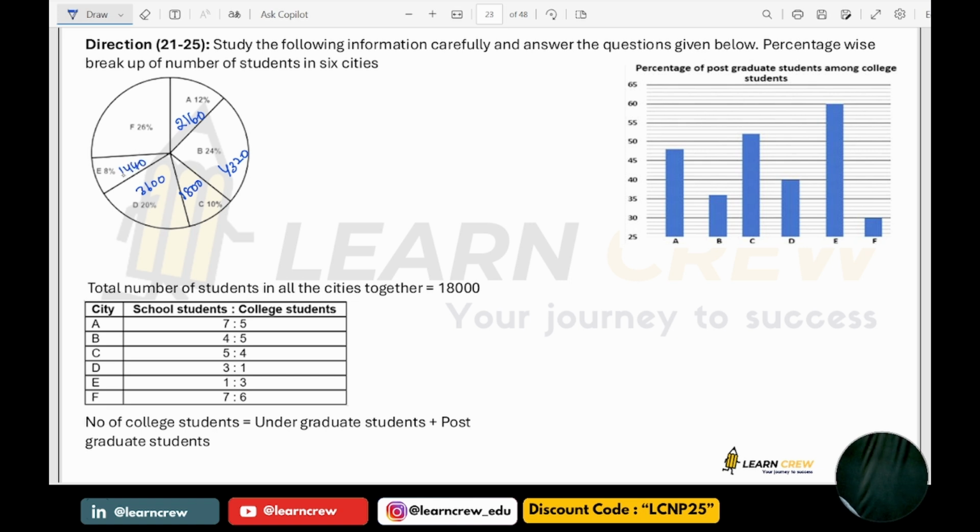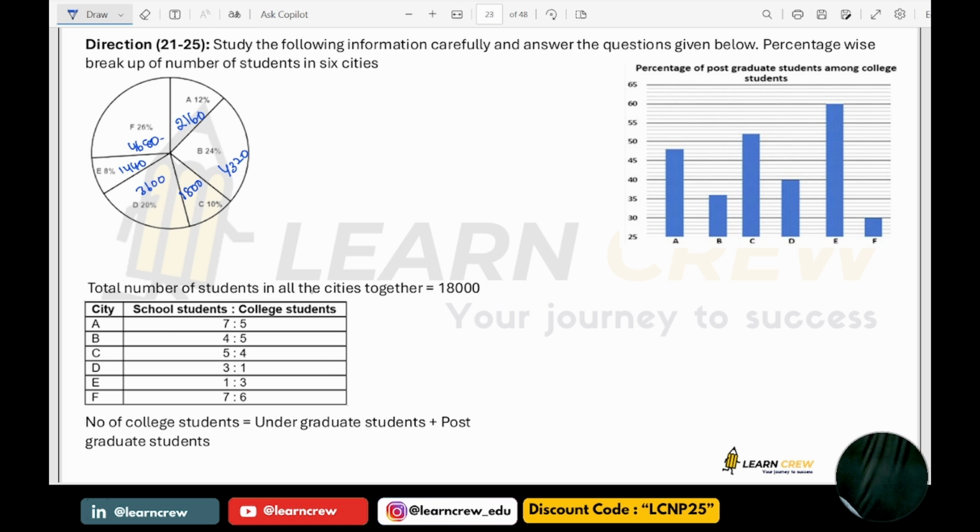And 26% about F. Total number of students is how much? 26% means how much? 20% is 3600 plus 1080. Total number of students of it is 4680. Okay. Now school students.